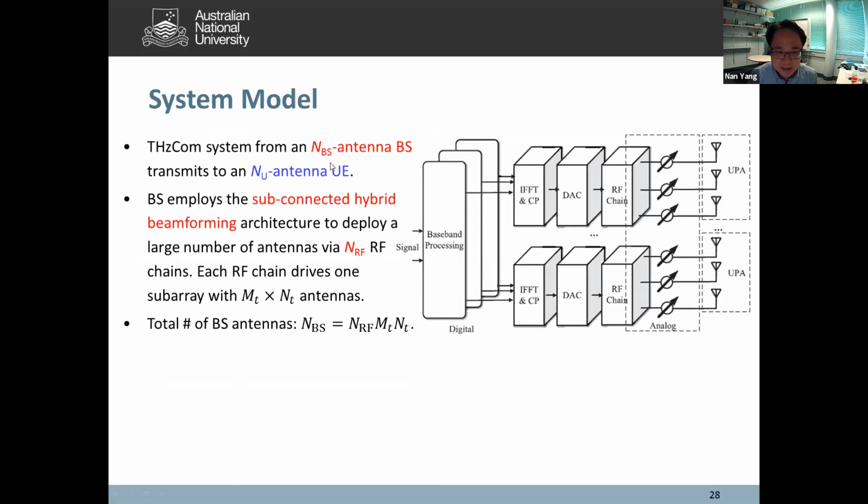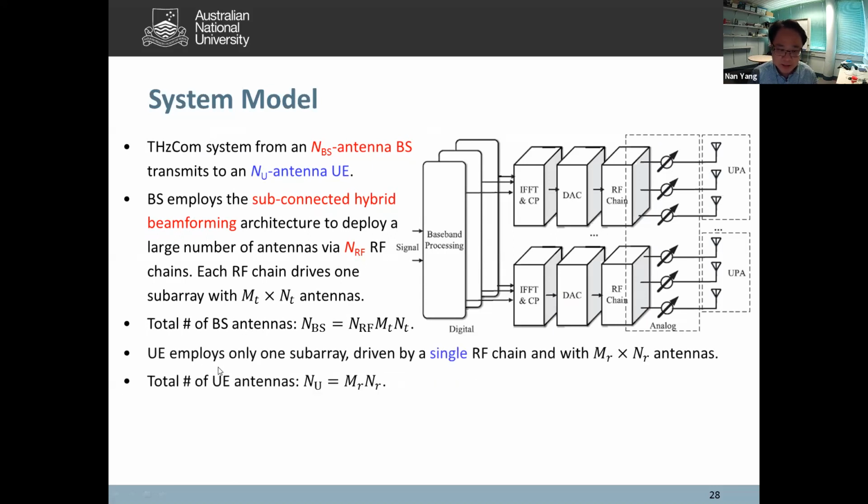As we can see here, the base station employs sub-connected beamforming, where each RF chain connects to a sub-array. So the total number of base station antennas is given by NRF times MT times NT. At the same time, we assume that the user only employs one single RF chain with one sub-array. So this is the number of user antennas.